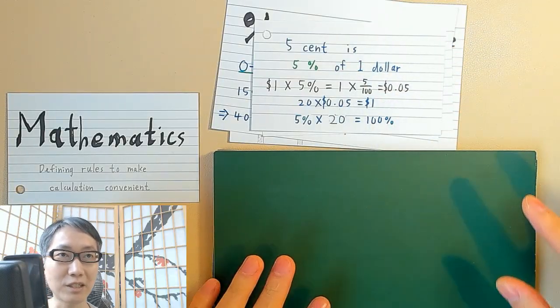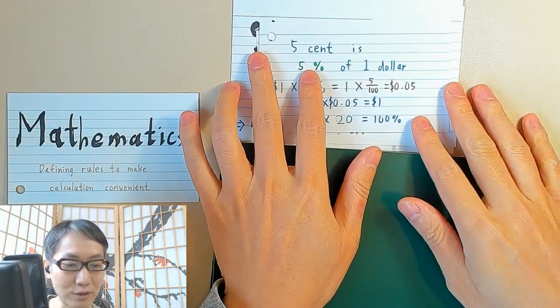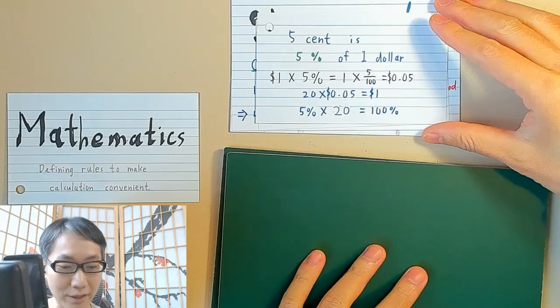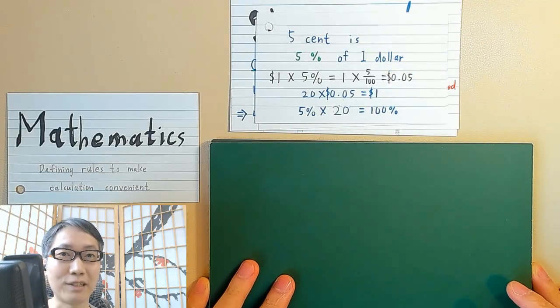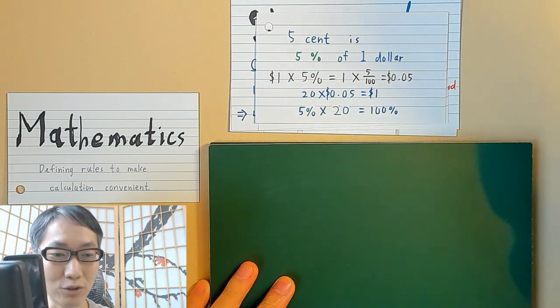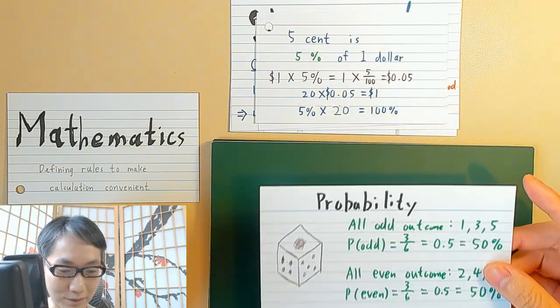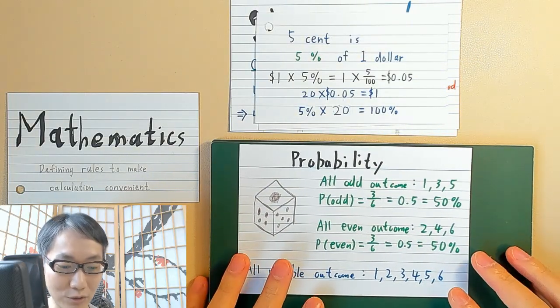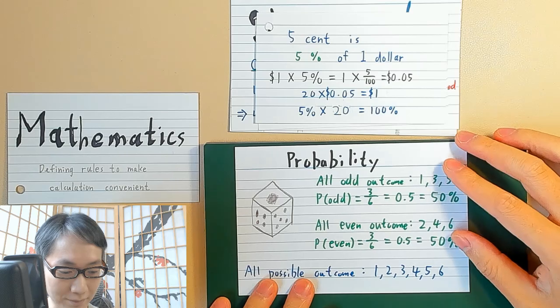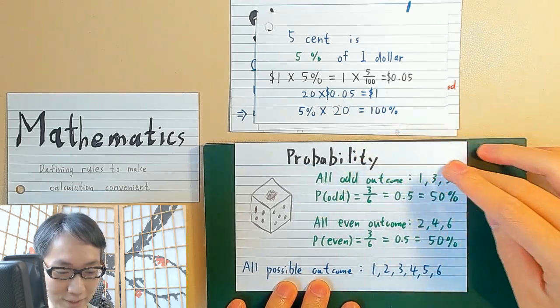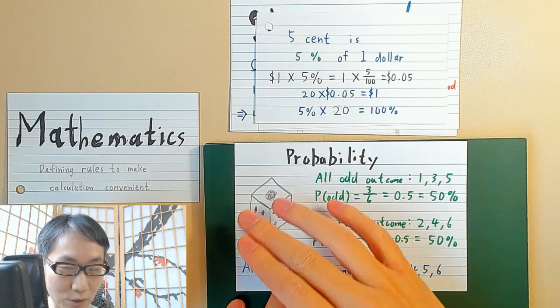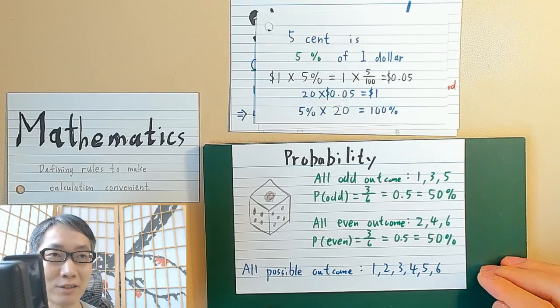So percentage has a lot of different applications, and it's very useful to present a lot of concepts. For example, you can use it in probability. We'll talk about that. So for probability, for example, you're rolling a 6-sided die.